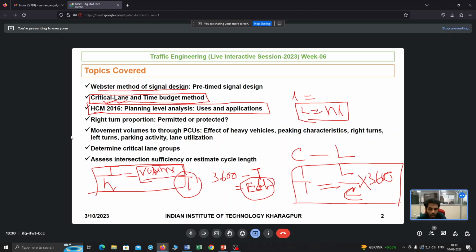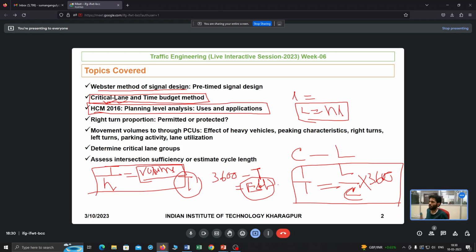Suppose your V by C is more than 1. Now you have to think that either you have to change your phasing, or revise your cycle length, or increase your number of lanes. These are the things you can do, right?